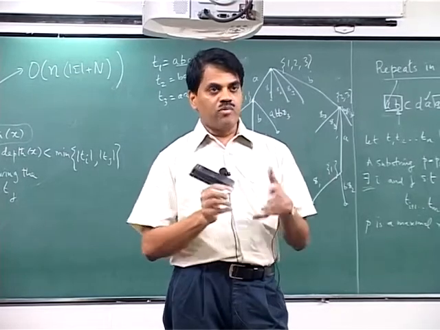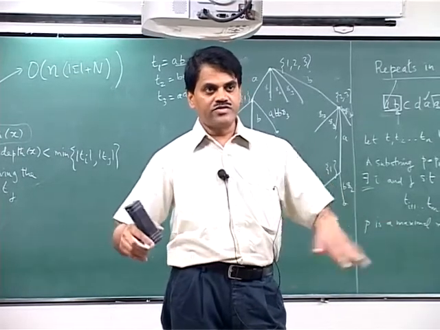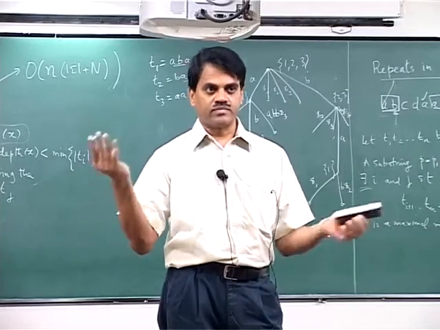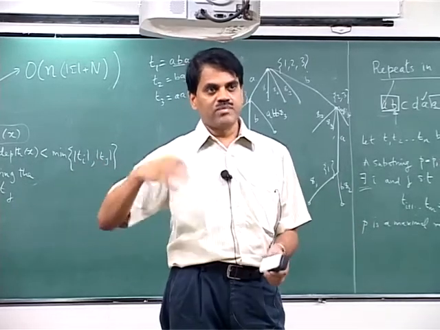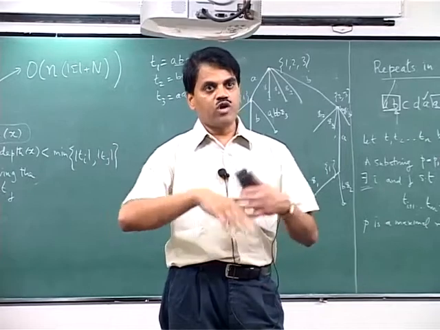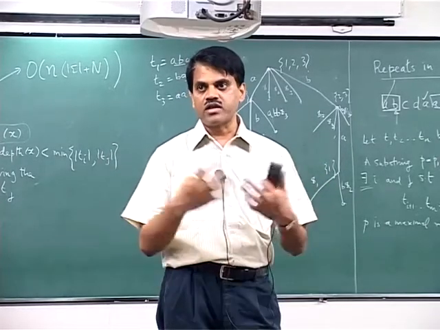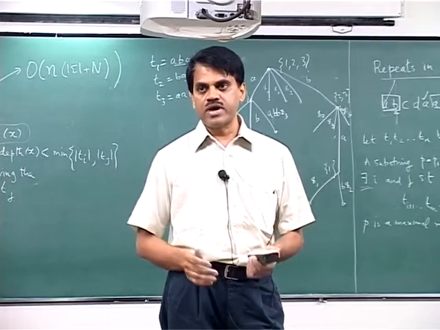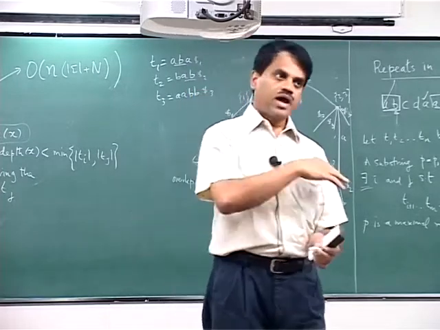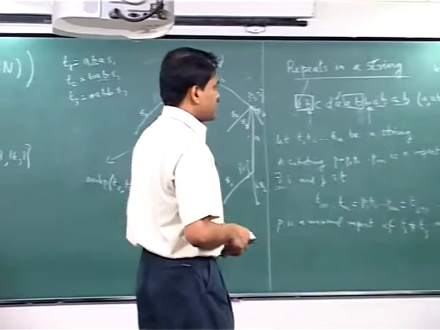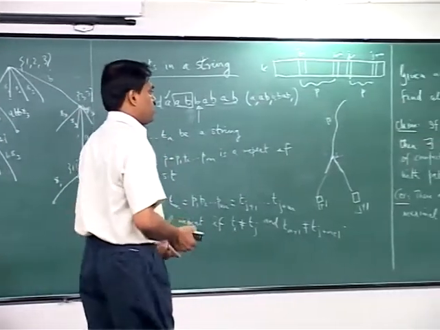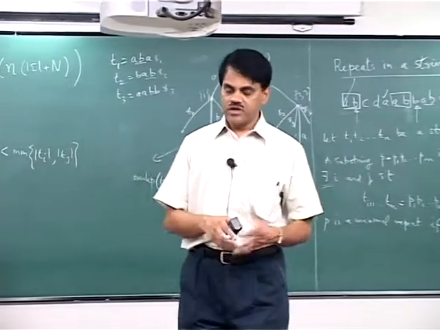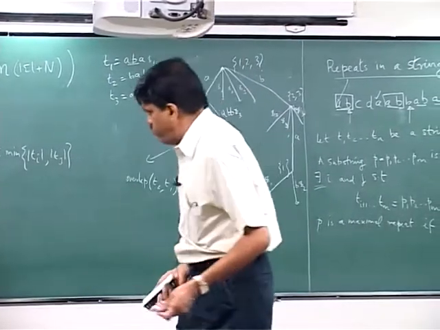We saw that in the compact suffix tree there are n leaves and the number of internal nodes is at most n minus 1. We did some degree analysis, remember, that is how we argued that the total number of nodes is order n. There are n leaves and the remaining nodes are bounded by at most n minus 1. And since a maximal repeat corresponds to an internal node, you can have at most n minus 1 maximal repeats in this string.